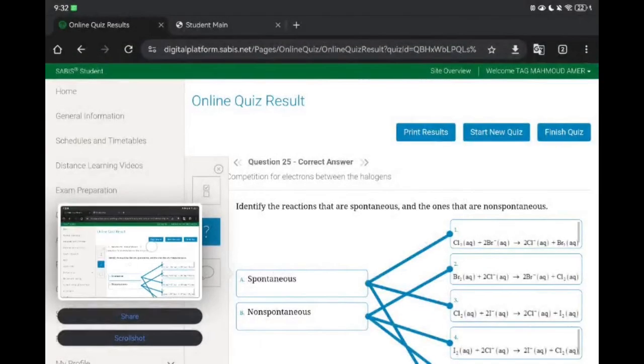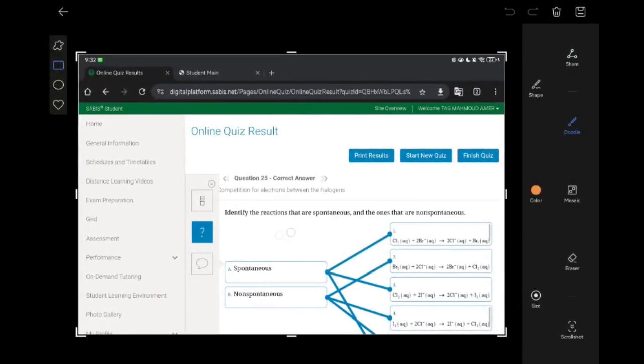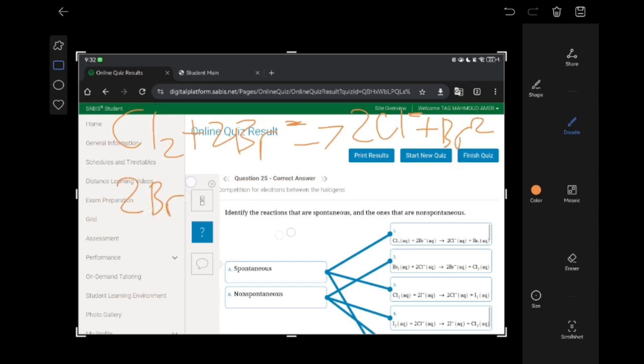Take the 2Br minus and Br2 and put them on opposite sides.